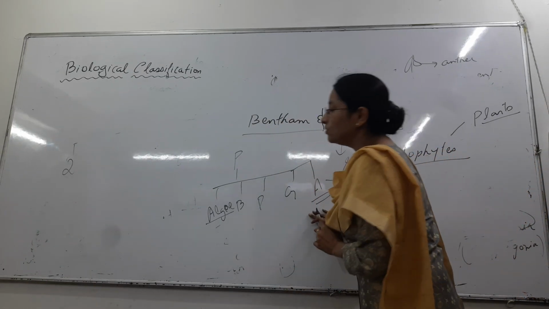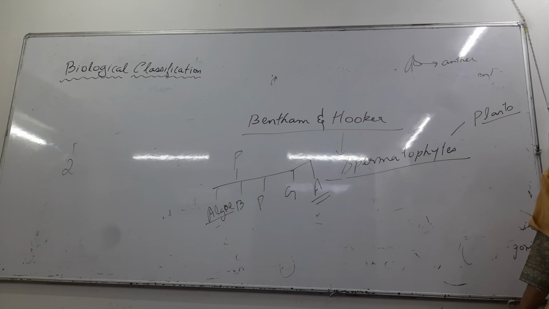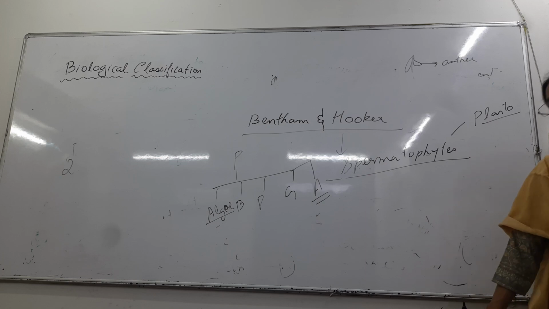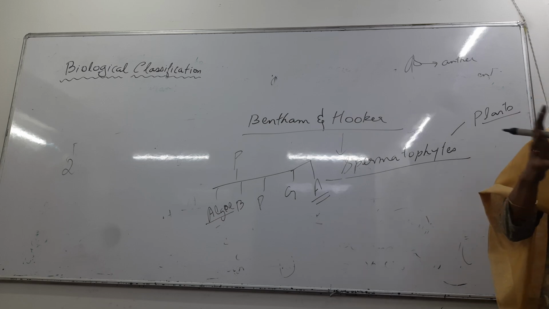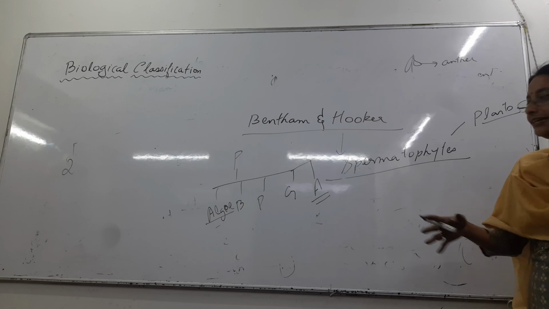Give me an example of a bryophyte. Okay, we'll start with algae. Have you seen algae? Yes. Any example of algae? Forget the algae, I mean specifically you might not remember as of now. Spirogyra, right? Blue green algae is not a proper algae, it belongs to monera, we'll be talking about that later.